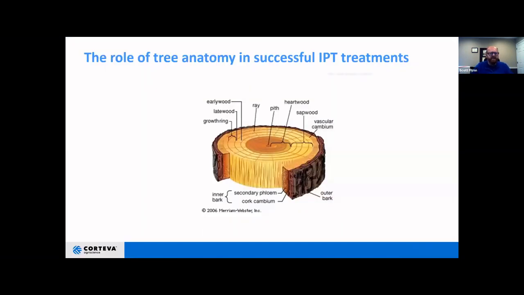So as Stephen talked earlier, when we talk about the role of the anatomy of the tree and making applications, we want to bring out that cambium layer in these treatments. That's the circulatory system of the plant. This is where the lifeblood is at in that plant. So getting that herbicide into that cambium layer, into that vascular system is key to getting good control using these methods.